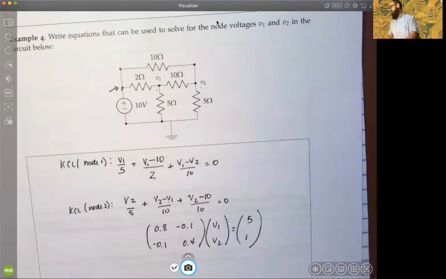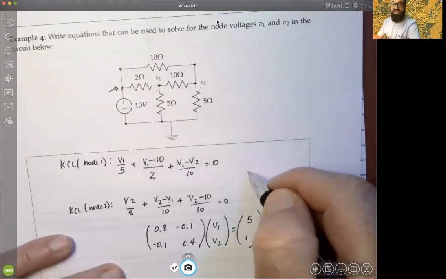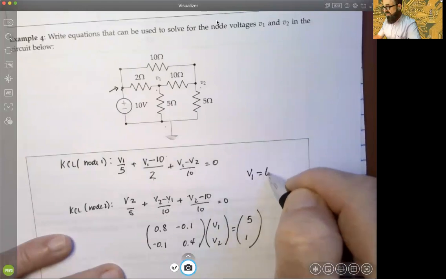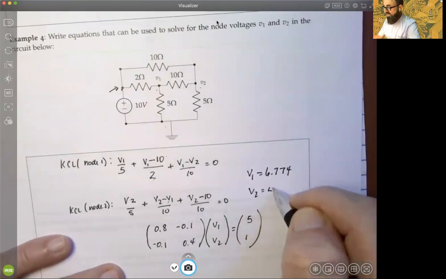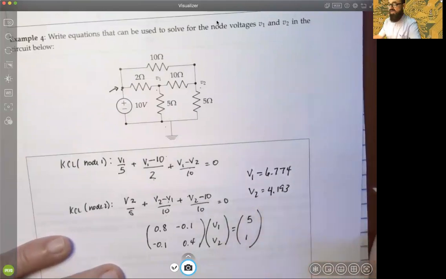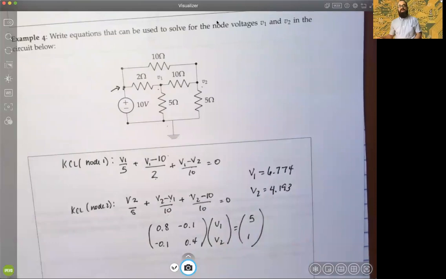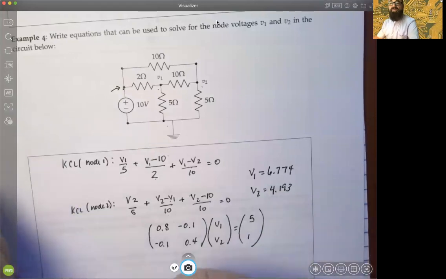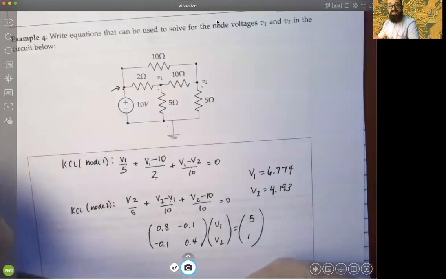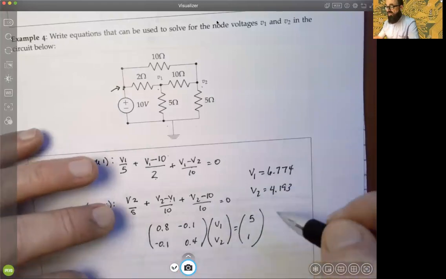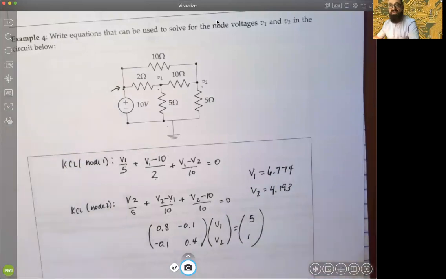So you have to solve that matrix equation, a 2 by 2 linear system. And if you do that, you would show that V1 equals 6.774 and V2 equals 4.193, okay? Again, we're not rehashing linear algebra here. It's assuming that you would be able to solve these, and as far as homework goes, and even any quizzes or the final exam, you are perfectly allowed to use any solver you want, in terms of MATLAB, Octave, Python code, or calculators.